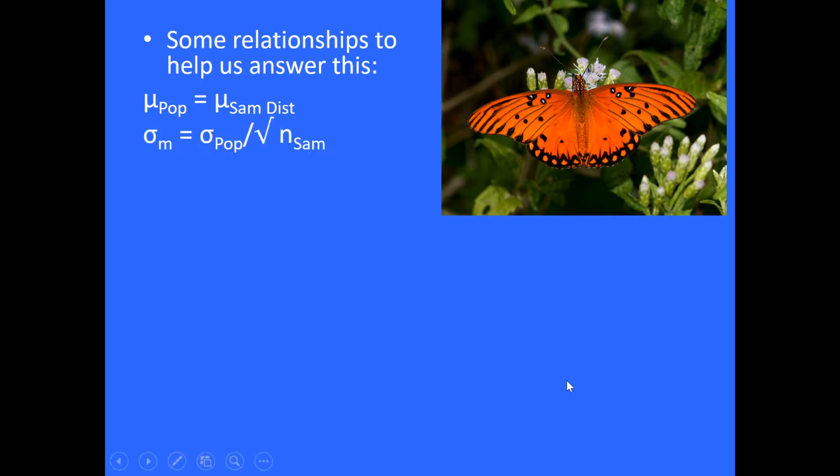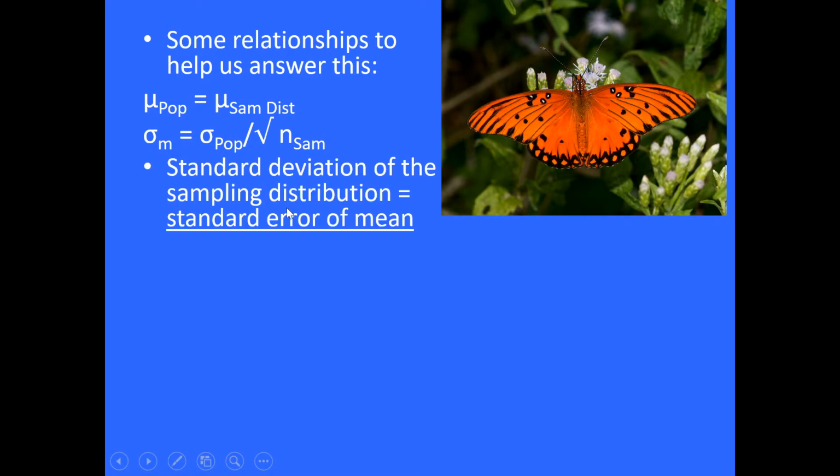Then the other thing we saw is that as these sample sizes get bigger, the standard deviation decreases. So this is the symbol that Lane uses for standard error. The standard error will be equal to the population standard deviation divided by the square root of the sample size. So the standard deviation of the sampling distribution is referred to as the standard error of the mean.